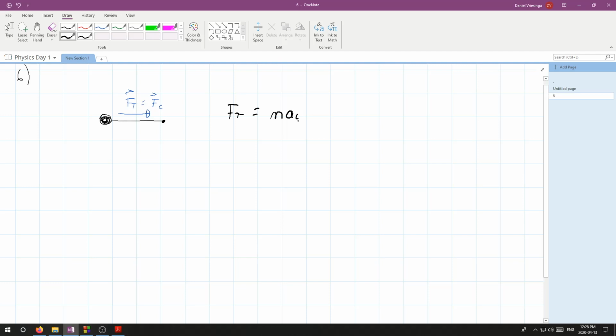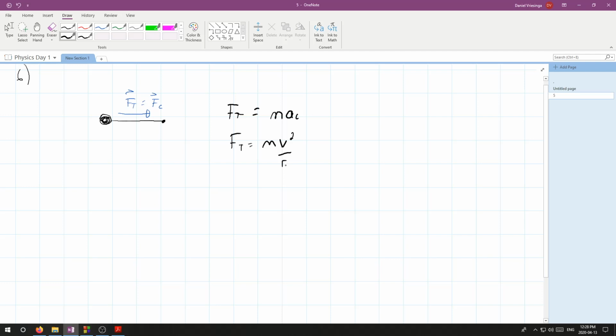Now this question is asking me to find the speed of the puck so that everything is kind of in equilibrium. So I'll say that the force of tension is equal to the mass, which I know, and the acceleration is just v squared over r, like that. Okay, so I'm looking for v.